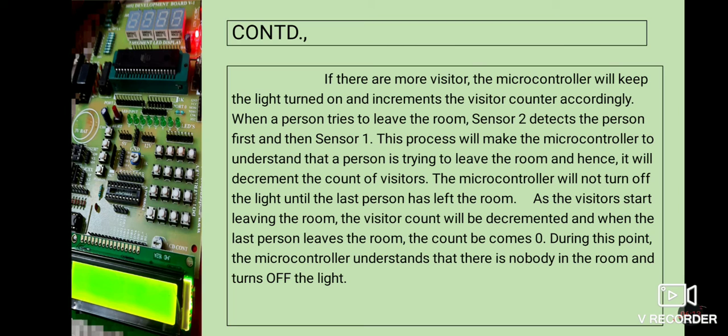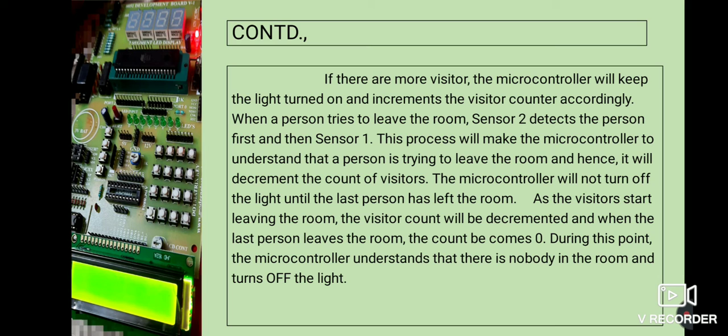If there are more visitors, the microcontroller will keep the light turned on and increment the visitor counter accordingly. When a person tries to leave the room, sensor 2 detects the person first and then sensor 1. This makes the microcontroller understand that the person is trying to leave the room, and hence it will decrement the count of visitors.